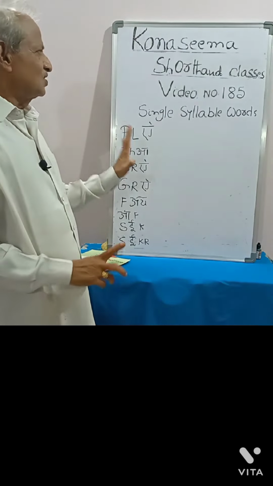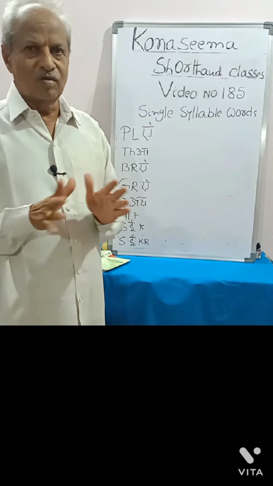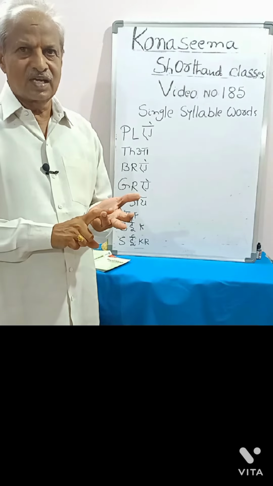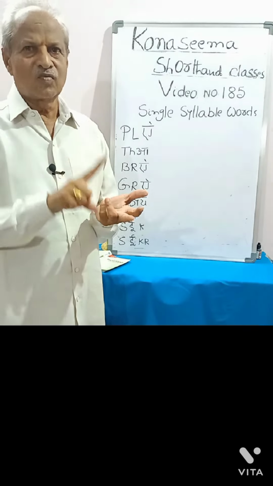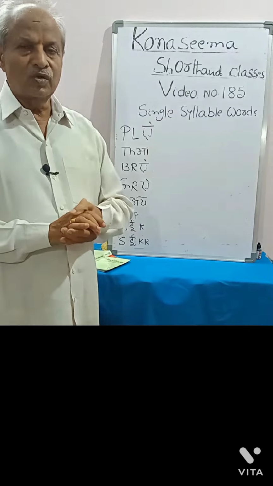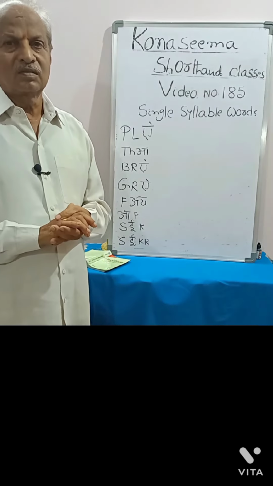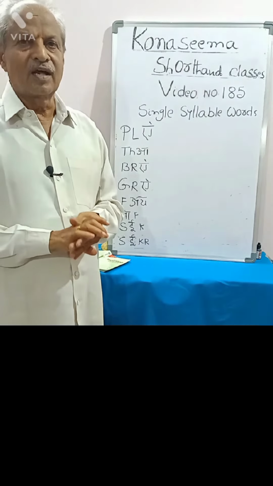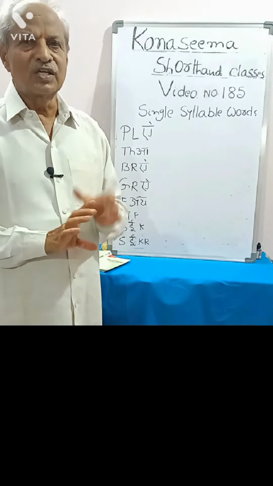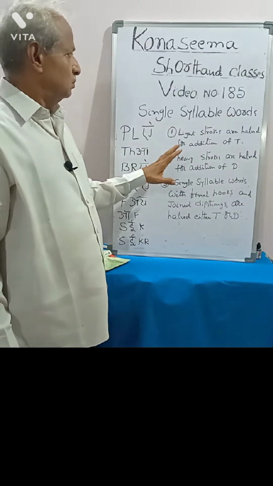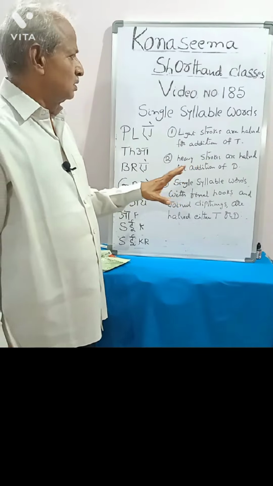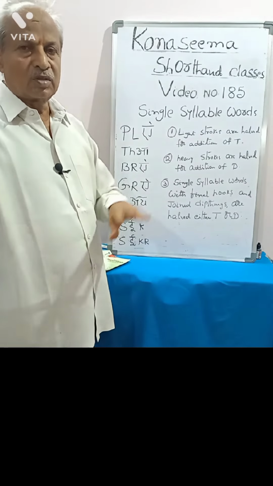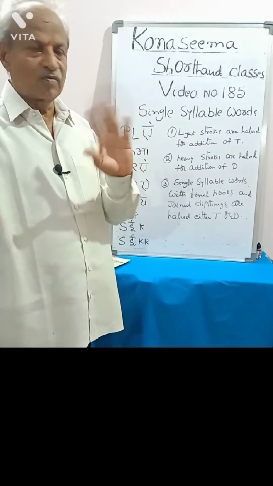These are all single syllable words. So, we have learned about more than single syllable words and single syllable words. Now, we should learn the rules with regard to single syllable words and also more than single syllable words. Now, let us learn about the single syllable words. Later, we will know about more than single syllable words.